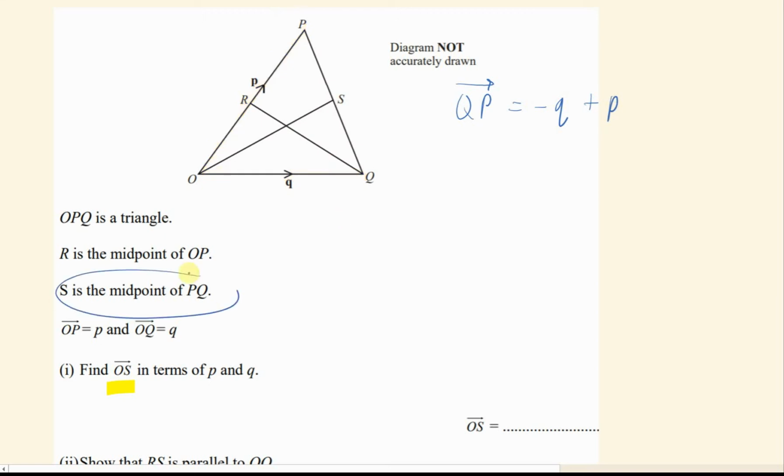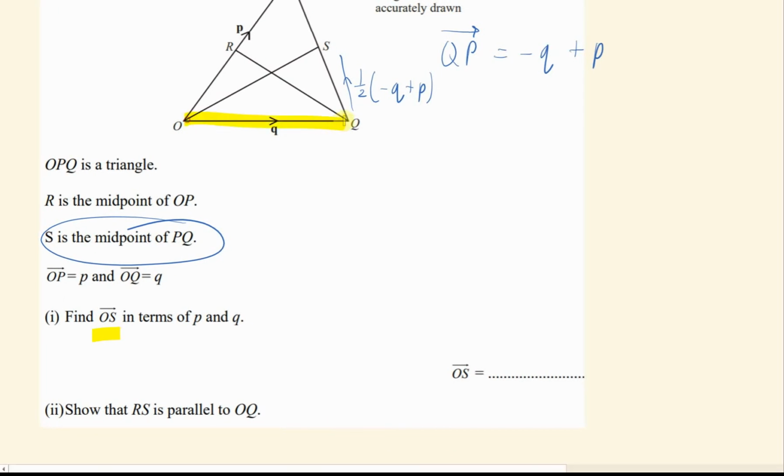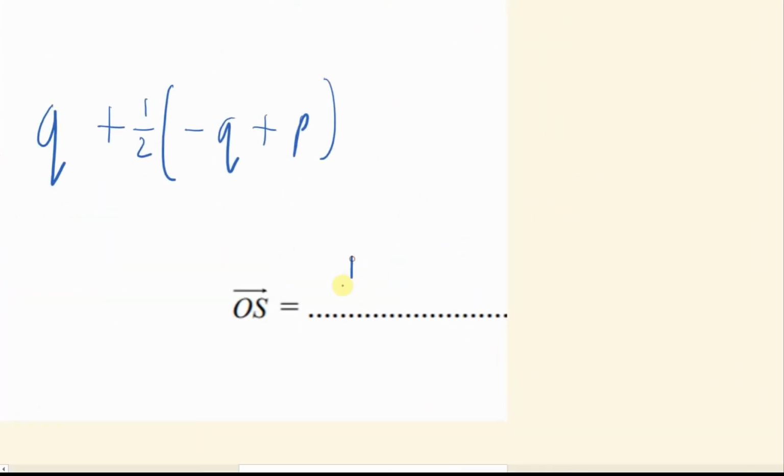We are told that S is the midpoint, so this length from Q to S will just be half of that. So a half of minus q plus p. Therefore O to S, going this route, is q plus 1/2 of minus q plus p. Simplifying that down, that's just going to be a half q plus a half p.